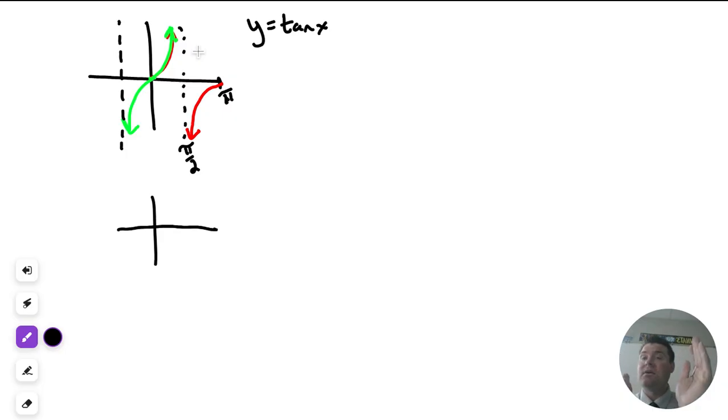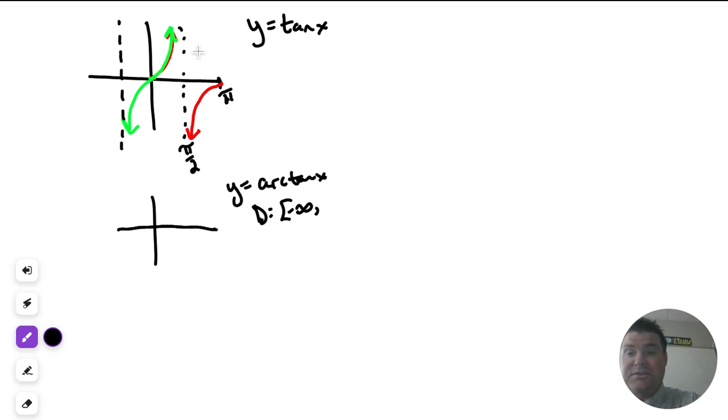So for this right here, I can go ahead and sketch this as now the green. What is the domain? Or let's go with this. What's the range of my green here? It's from negative pi over 2. Yeah. So for arctan, the domain is going to go from negative infinity to infinity, because the range of green is negative infinity to infinity.